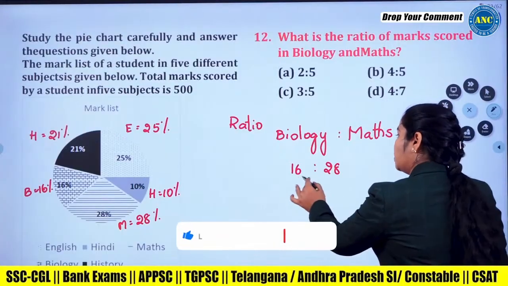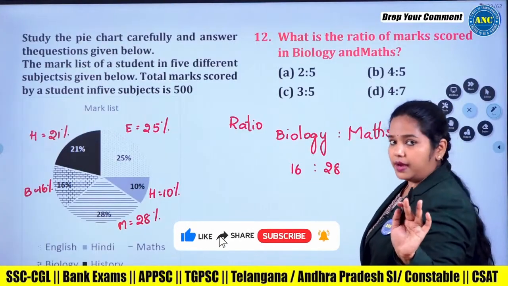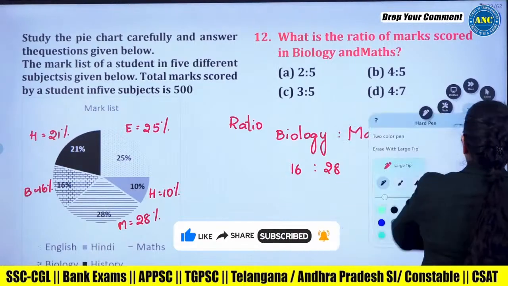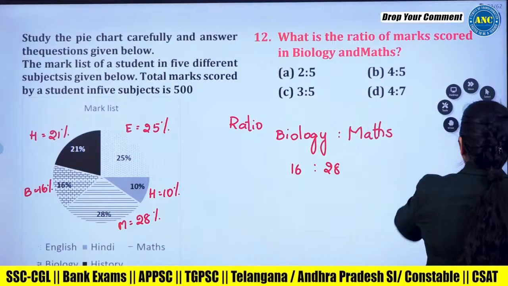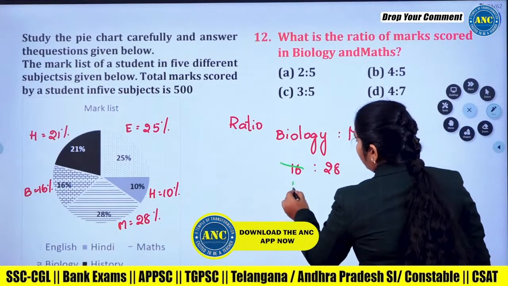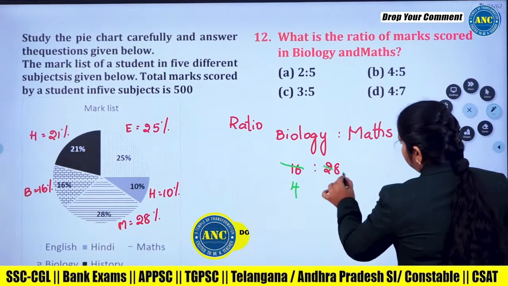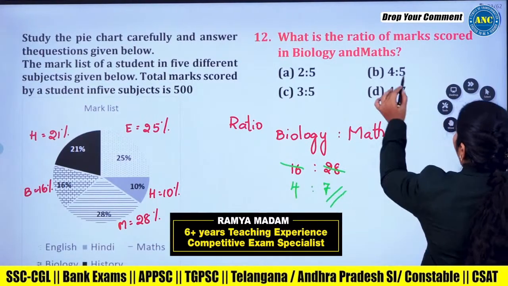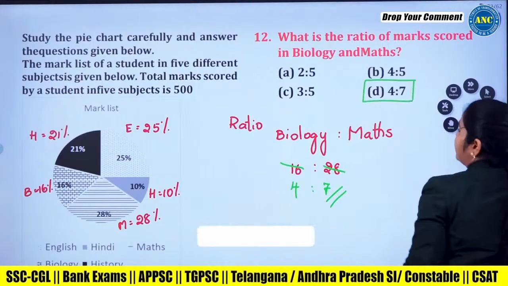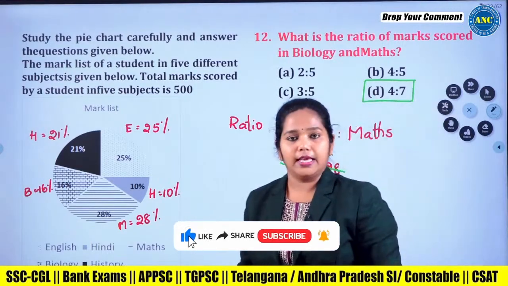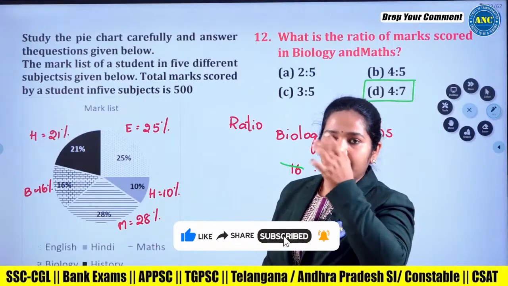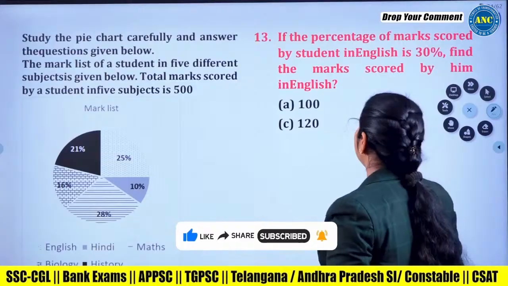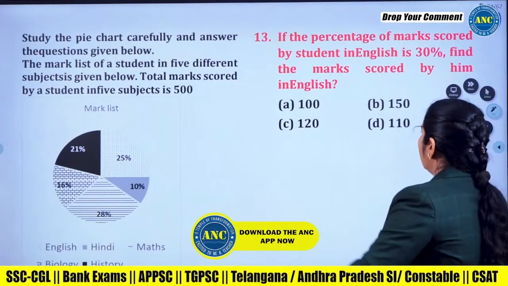So, we just need to take the values. 4 times 4 is 16, 4 times 7 is 28. So 4 is to 7, option D, 4 is to 7 is the correct answer. Right? Okay. Next question, question number 13. Read out the question.